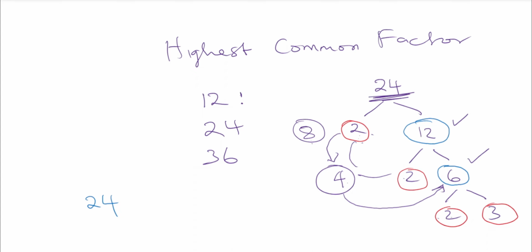So I can see 2, I can see 3, I can see 4, I can see 6, I can see 8, I can see 12, and then, of course, 24 is also a factor of 24. And then, of course, don't forget our good old 1. Okay, so we've listed all the factors of 24.